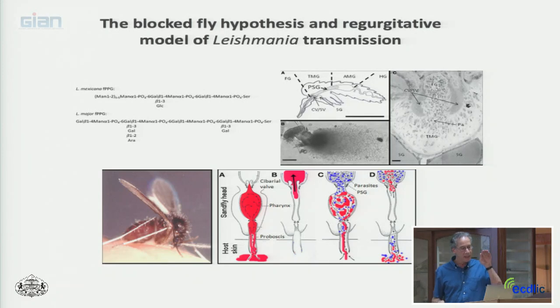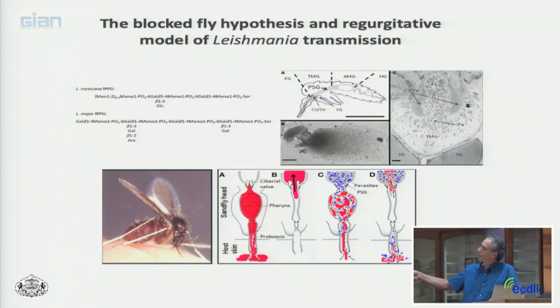But the parasites have to be deposited by some forceful action of the gut, forcing parasites forward, despite the fact that the fly is taking a blood meal the other way. So blood is coming this way, but the parasites have to go this way. So thermodynamically, how does that occur?